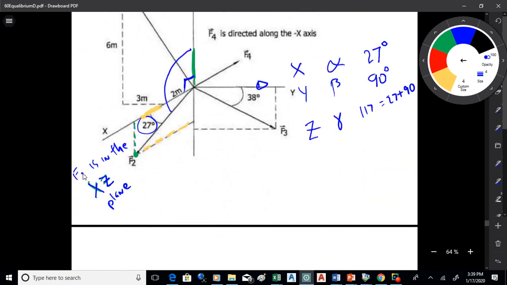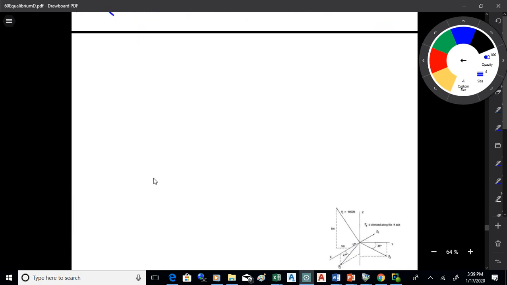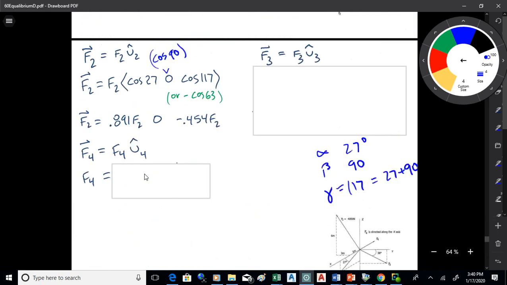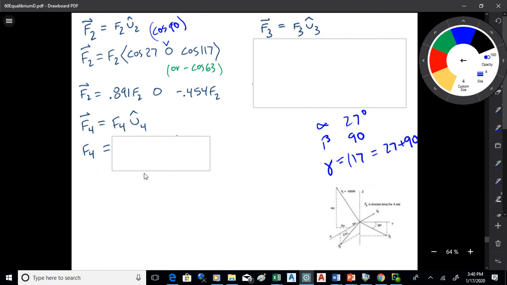Okay, so there's a better look at F3. Of course, you have it on your page, so you should be able to use your paper to figure it out. That's in a plane also, so I think you're going to want to start by identifying which plane you're in. Yeah, that's correct. So if you know which plane it is, which is the YZ plane, you should be able to figure out the angles that it makes with each of the axes there.